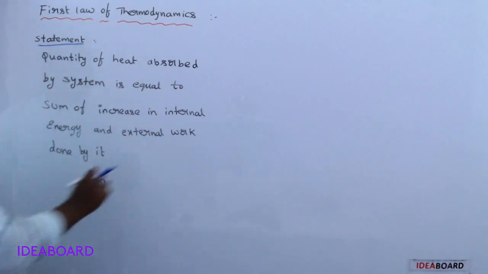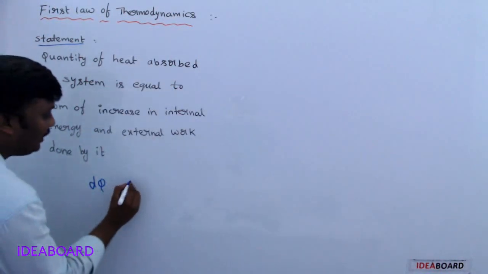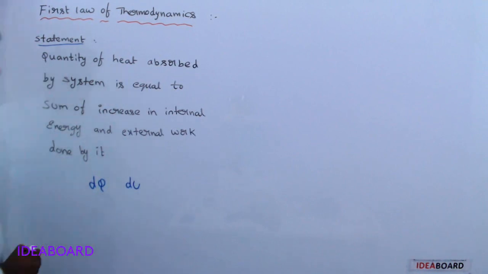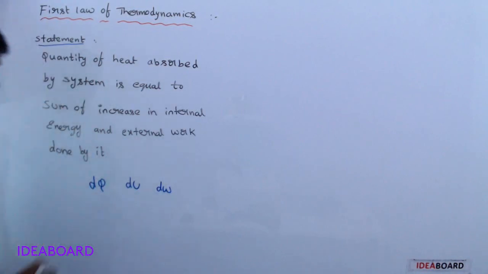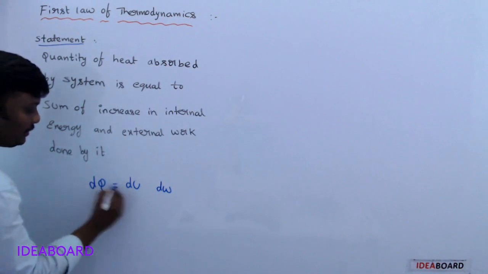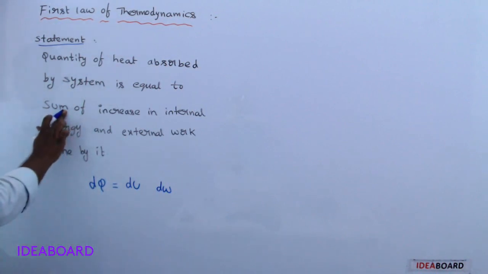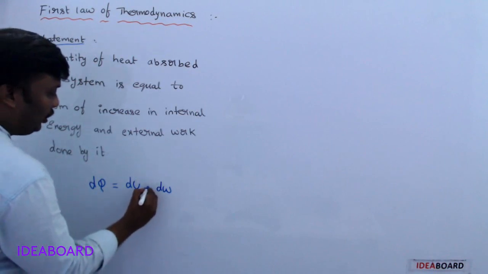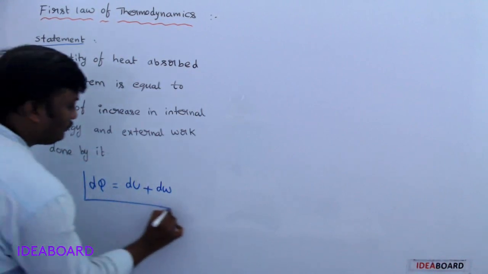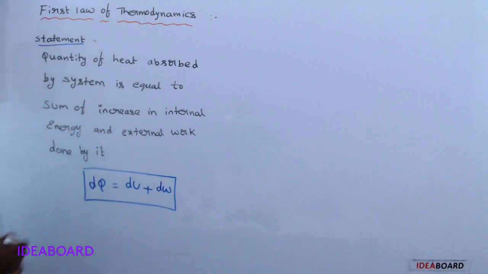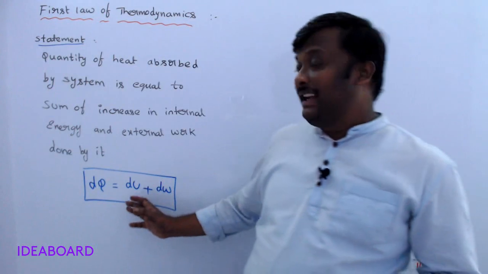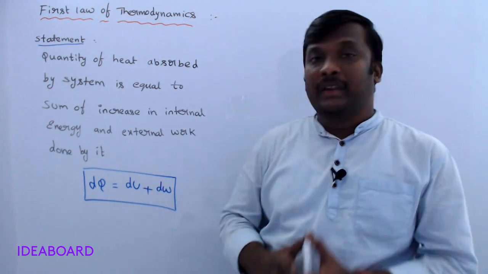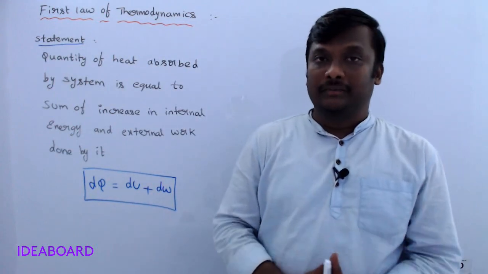We know the symbol for internal energy is du, and external work done is indicated by dw. So, from the first law of thermodynamics, we get the mathematical expression dq is equal to du plus dw.